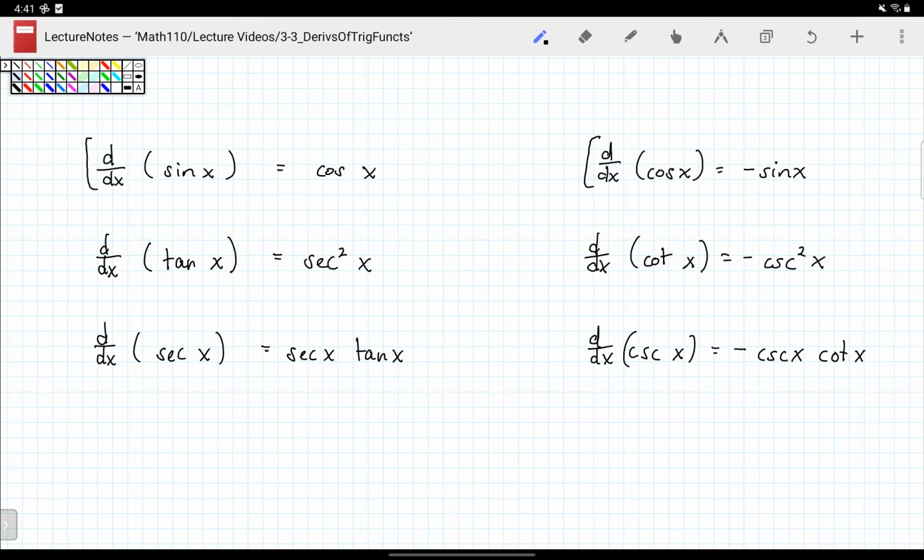But it is also a good idea to at some point memorize these things so that they are familiar, ready in your brain when you need them. This is a way to economize in remembering: remember all three of these, and then the derivatives of the co-functions are the negative of the co of the derivatives of the originals. All right, good luck.